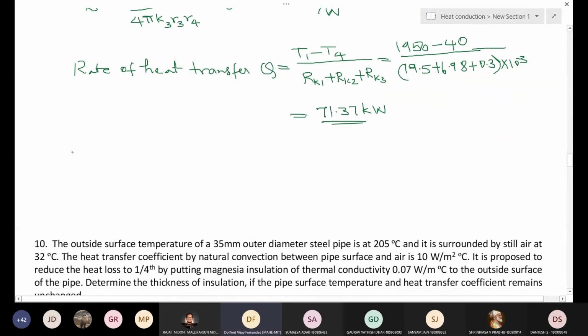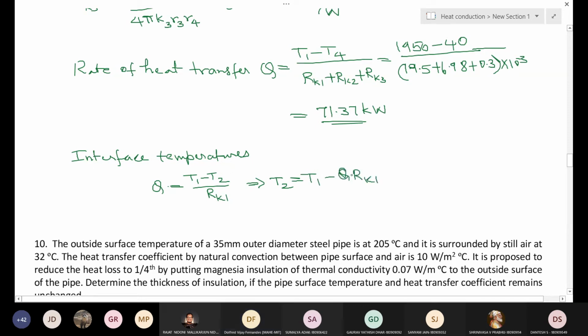Now you know how to calculate the interface temperature because you know the rate of heat transfer. For the first wall, you can use Q equal to temperature difference T1 minus T2 divided by RK1. So you can calculate T2 equal to T1 minus Q into RK1.